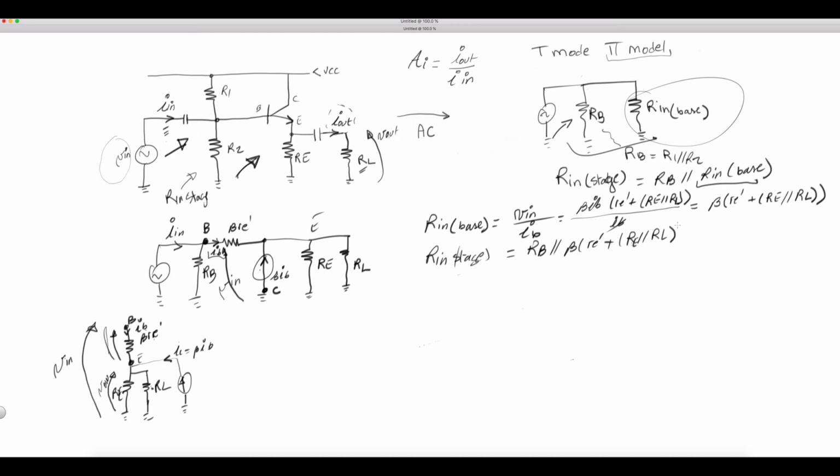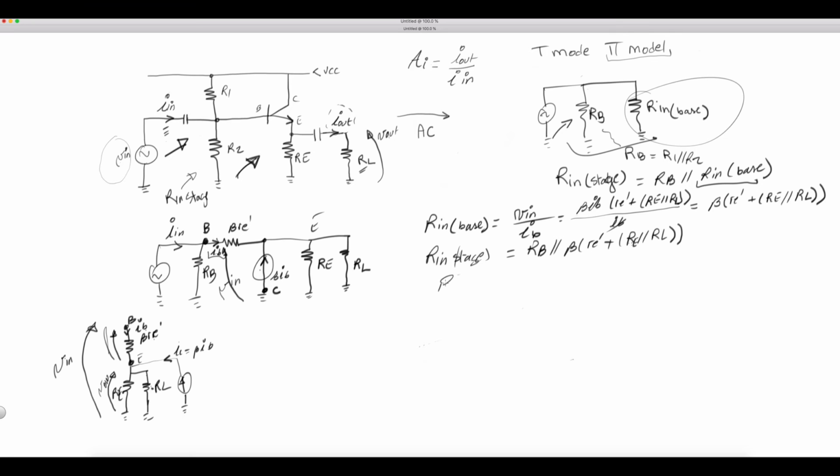And now it's a matter of, can we do some approximations if we needed to? So RE in parallel with RL, or simply RE if we didn't have a load. Any of these two together or RE by itself will be much greater than RE prime.